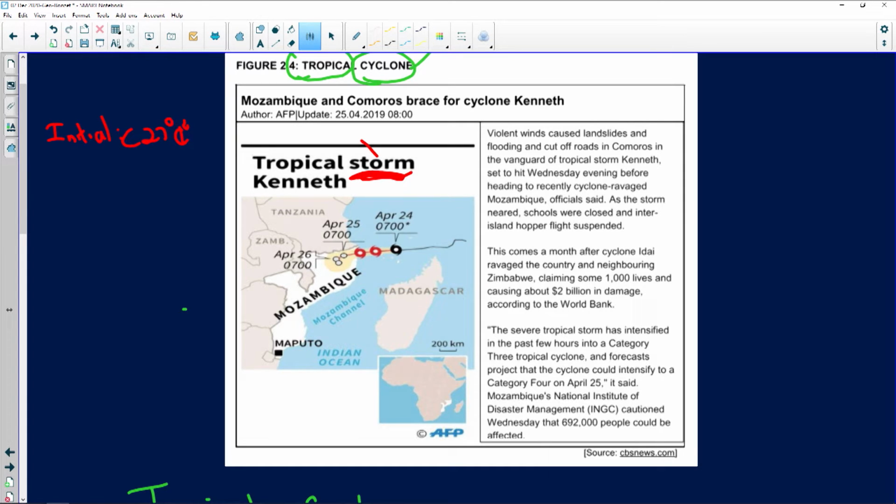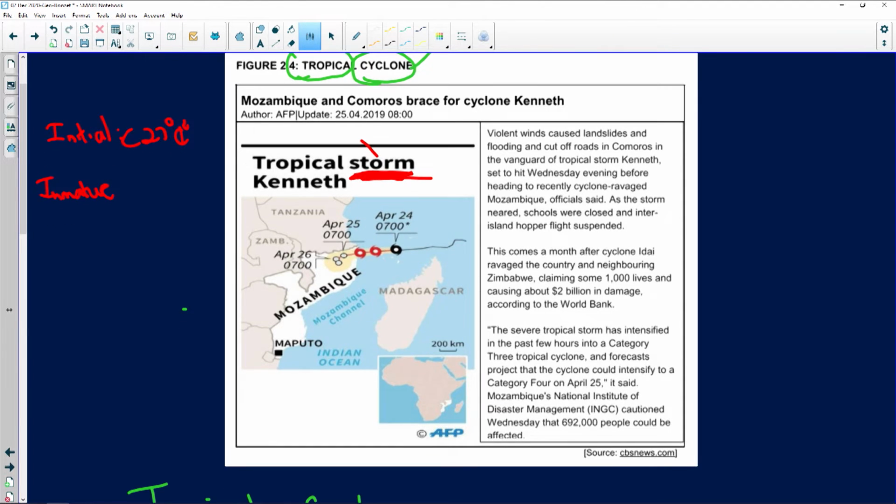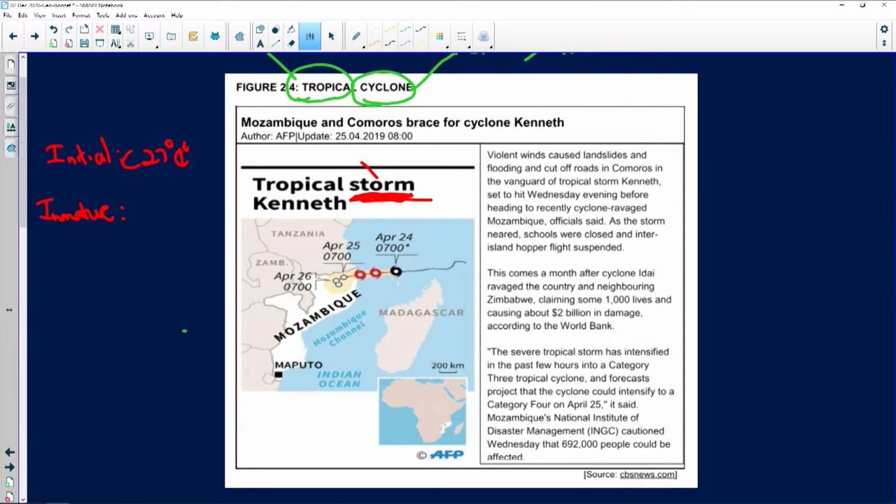Then we have the immature stage. Okay, this is a tropical storm. Okay, we don't give it a name yet. Immature stage is when the pressure is 1,000 hectopascal, millibar, right? We have wind speeds up to 80 kilometers per hour, right? And then we have a mature stage.